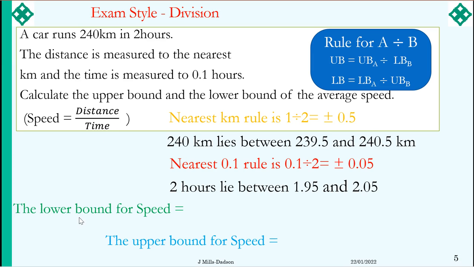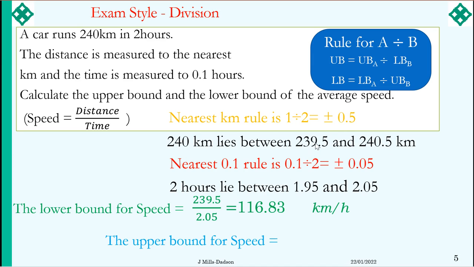If you want to know the upper bound, it's similar to the subtraction. You take the biggest number of the numerator and divide by the lowest number of the denominator. That's for the biggest answer. For the lower bound, you take the lower bound of the numerator and divide by the biggest number of the denominator. So here, you just pick the numbers the way you've done it.